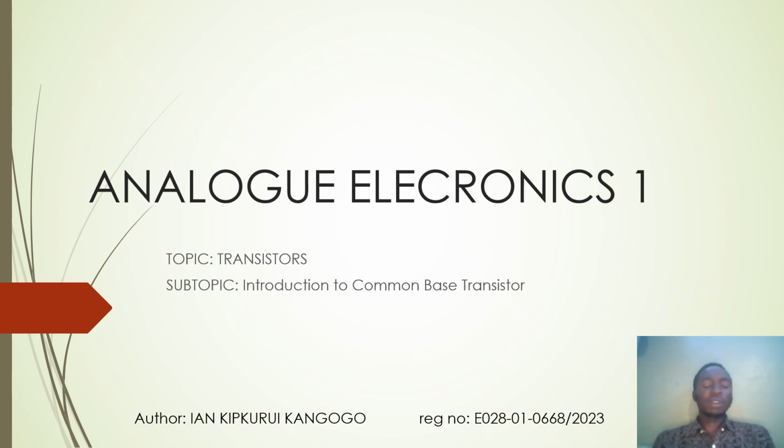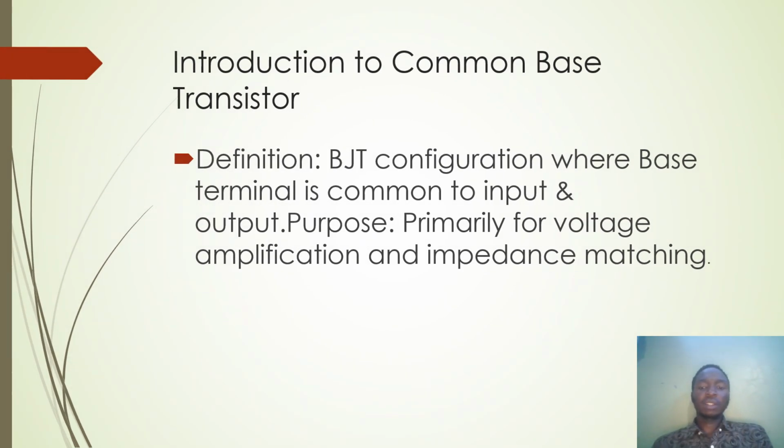But first of all, it's good that we start with the definition, and we know the specific meaning of the term common base transistor. The transistor connection is referred to as the common base connection simply because the base is common to both the output and the input.